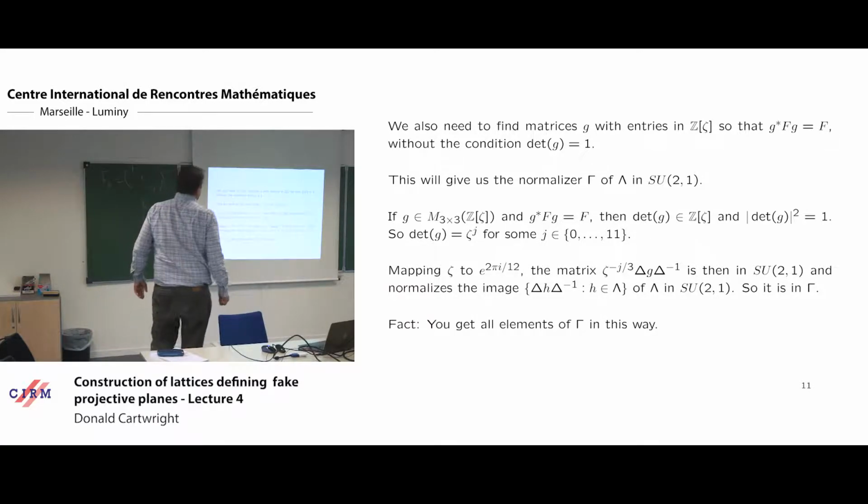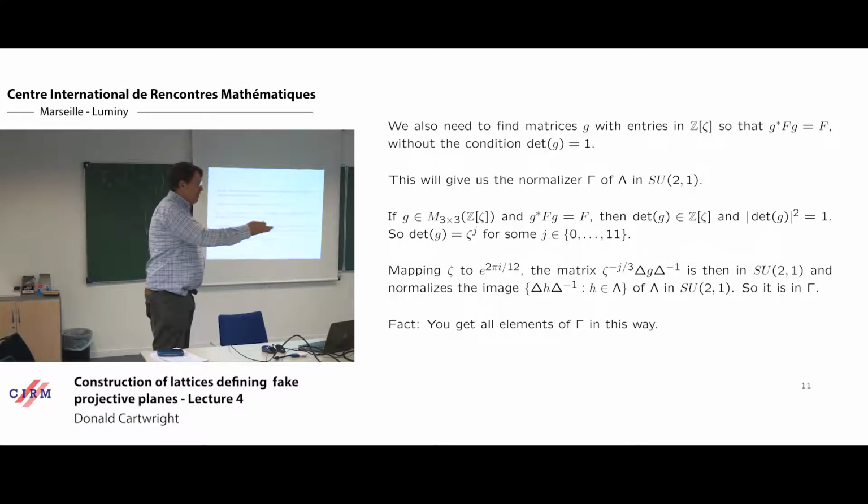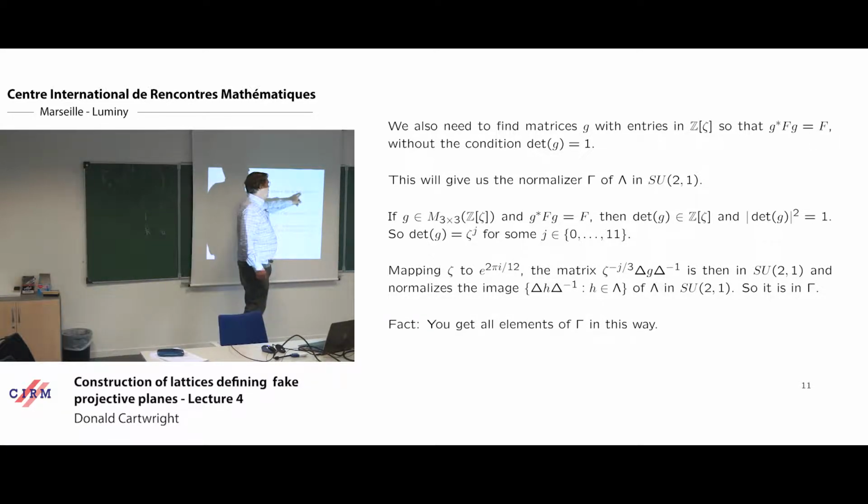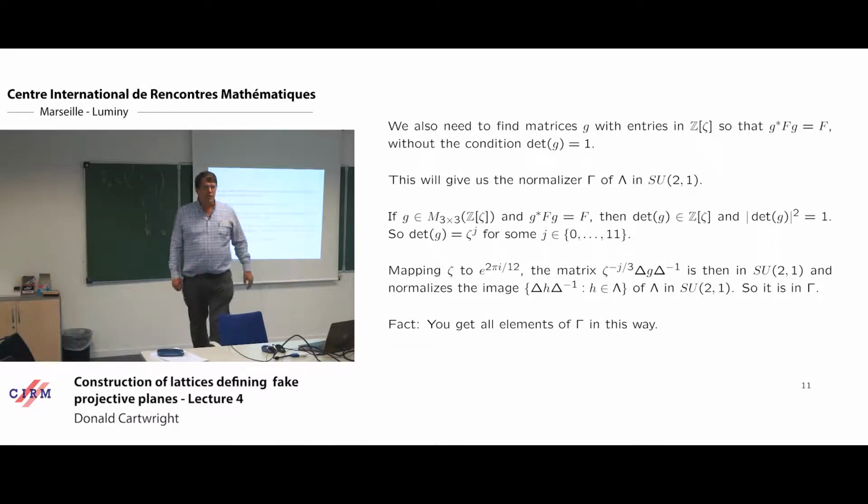So we need to find elements, so this is where I'm trying to get in sync with what Tim's notation was. I need also the matrices with elements satisfying this unitary condition but dropping the condition of the determinant being 1.